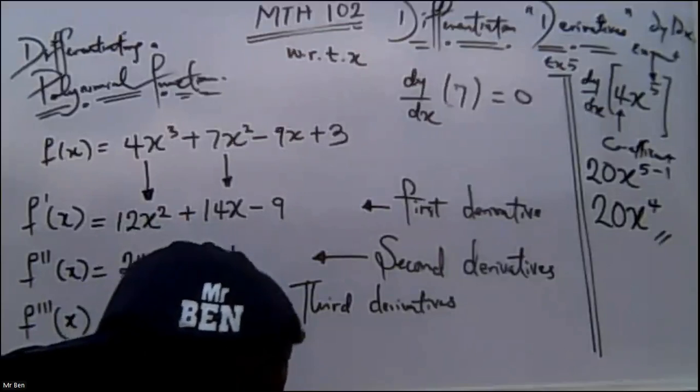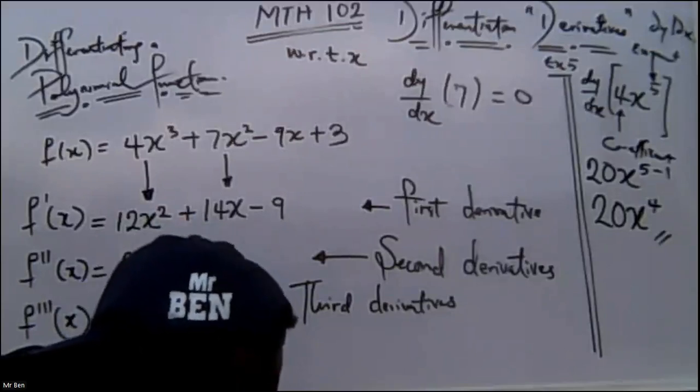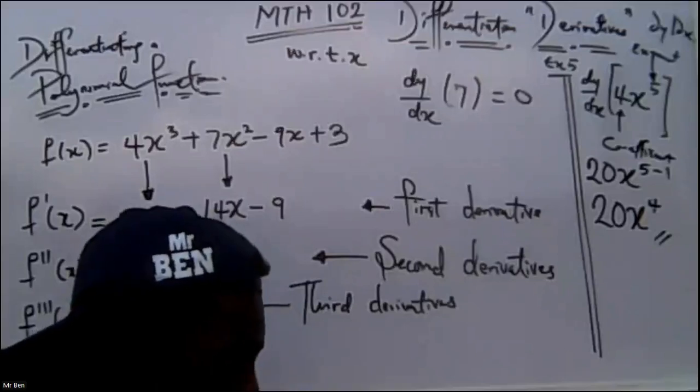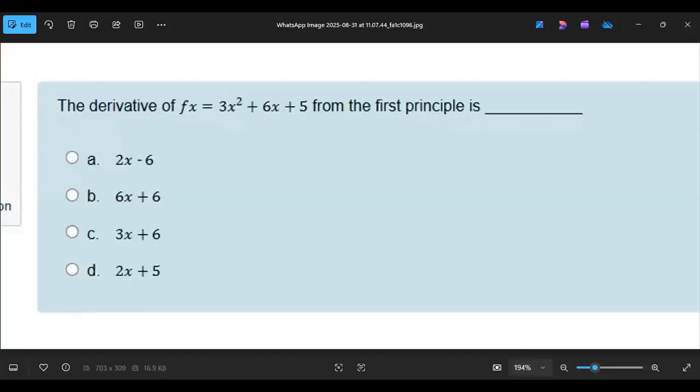Let's try this. What's the answer? The derivative of f of x is 3x squared plus 6x plus 5. Find it from the first principle that we have been doing since we have been treating the first principle.